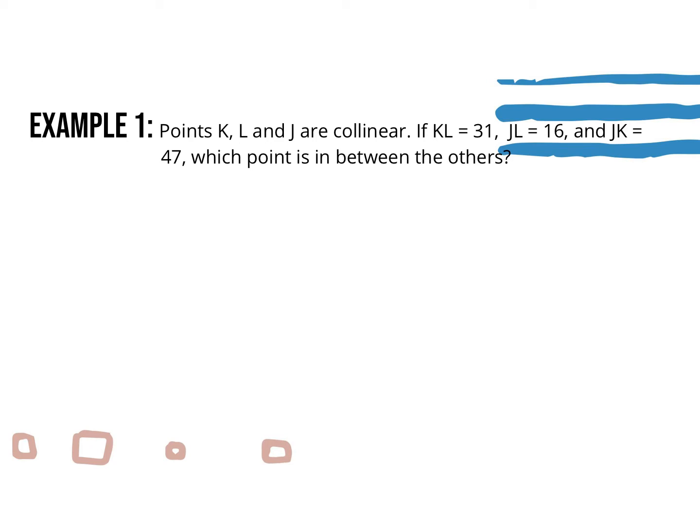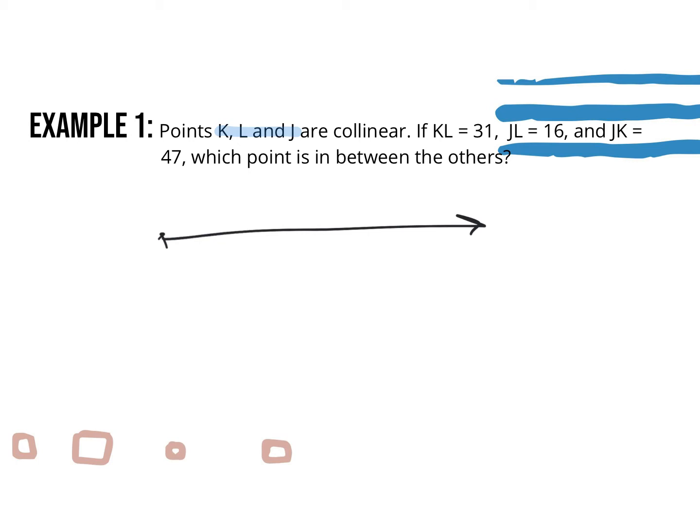First example: points K, L, and J are collinear. If KL is 31, JL is 16, and JK is 47, which point is in between the others? We have a number line with points K, L, and J. How do we figure this out?